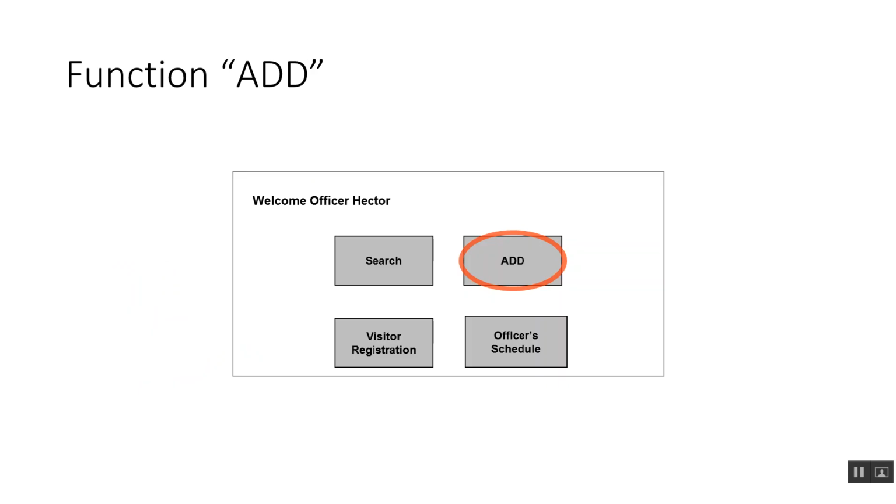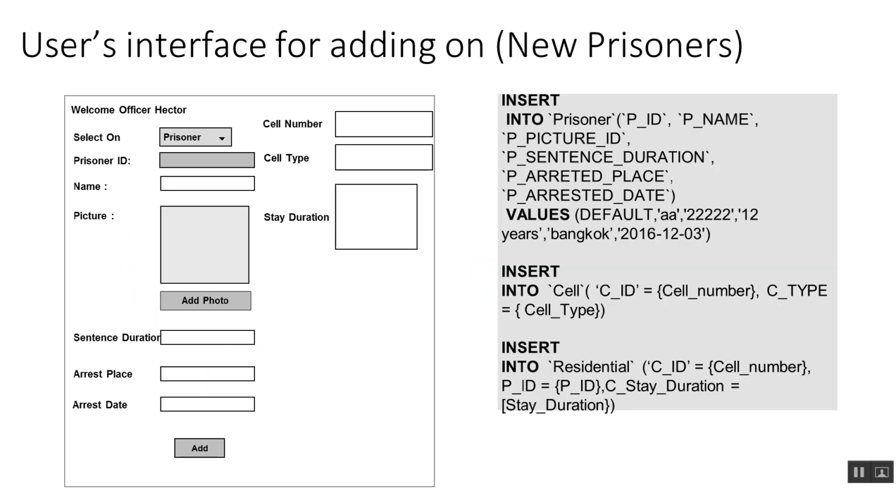When the officer wants to add the prisoner or officer, this is the interface of adding a new prisoner. When we select the prisoner, next is to enter all the information of the prisoner and add to the database. So it will insert the new row into the database.